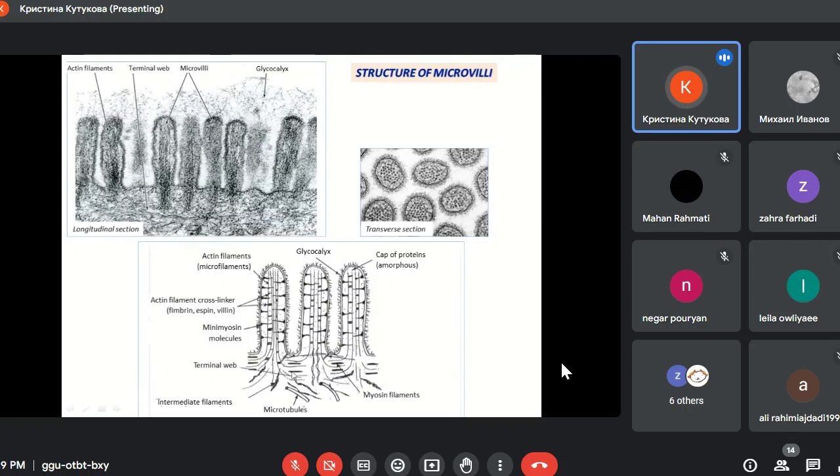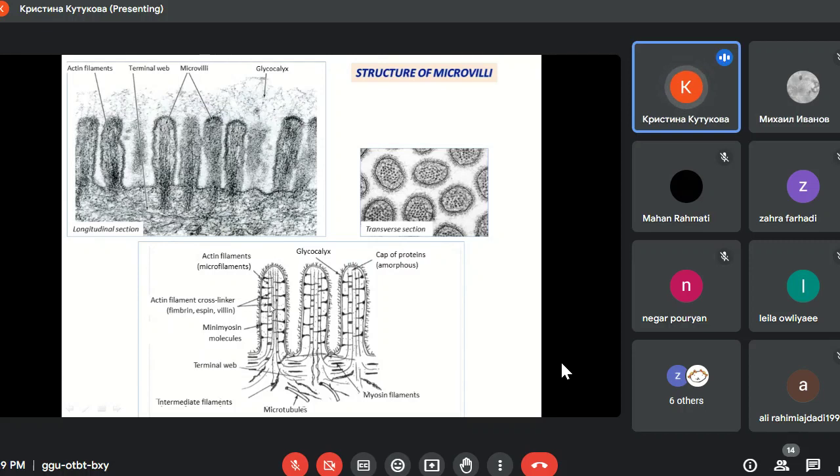So these actin microfilaments interact with myosin microfilaments to attach to each other and also to regulate the height of the microvillus. So the height or the length of the microvillus can be changed during its function.